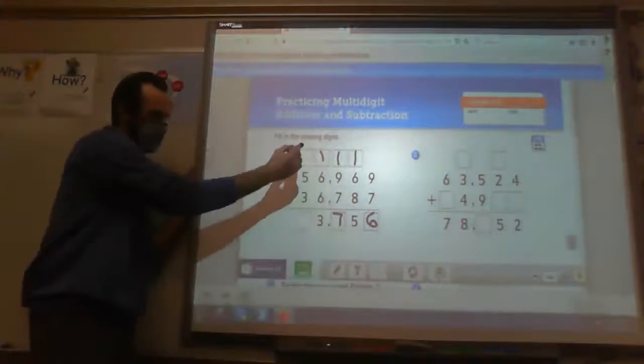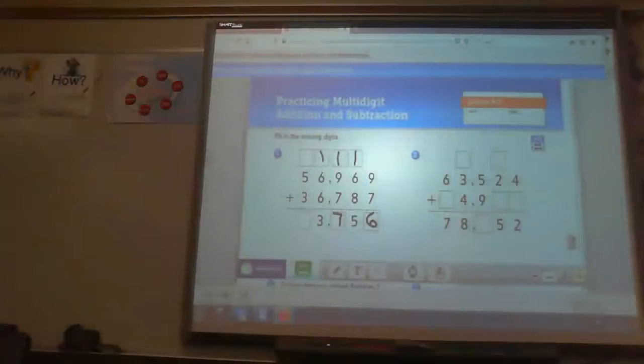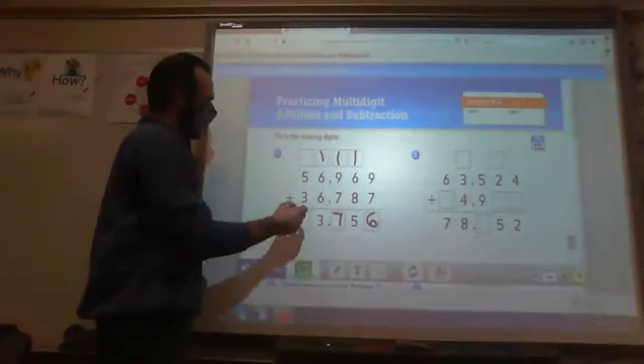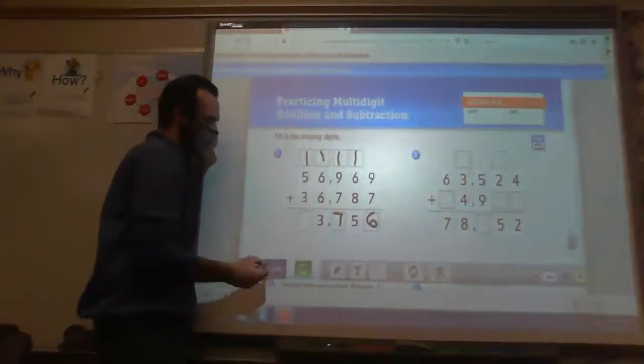Making sure this works and figure out what goes there. What should be up here? 1. Because 6 plus 6 is 12, 1 more is 13, bring that here.